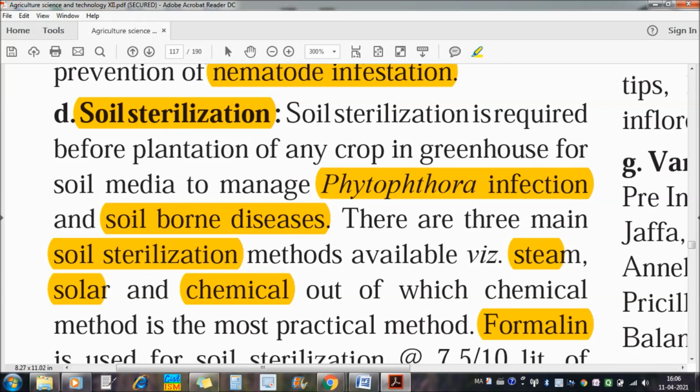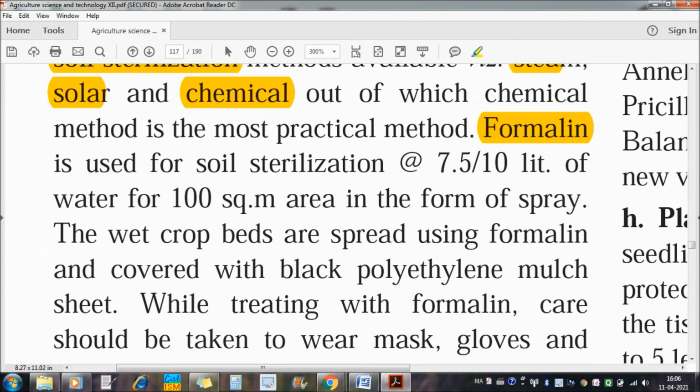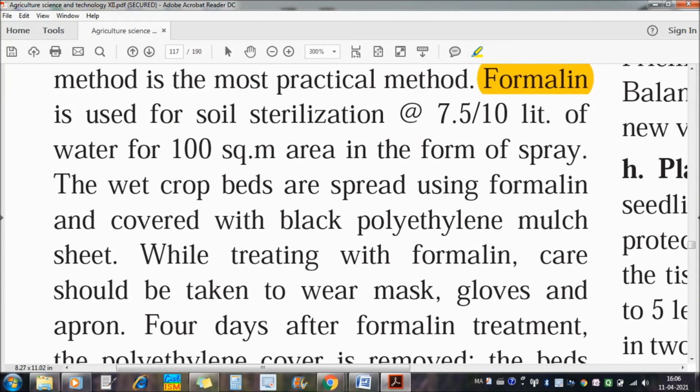You might have seen formalin in your chemistry lab. This formalin can be used to sterilize soil at 7.5 to 10 liters, dissolved in water for a 100 square meter area, and spraying can be done.